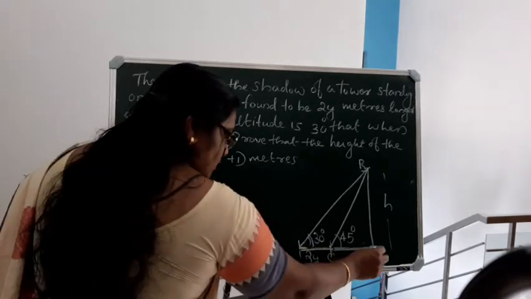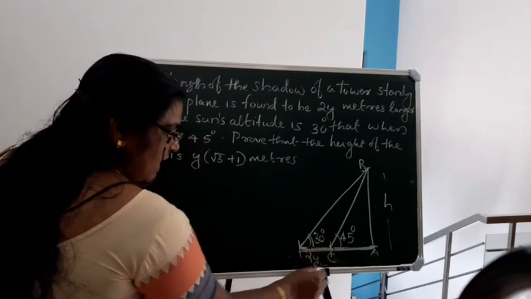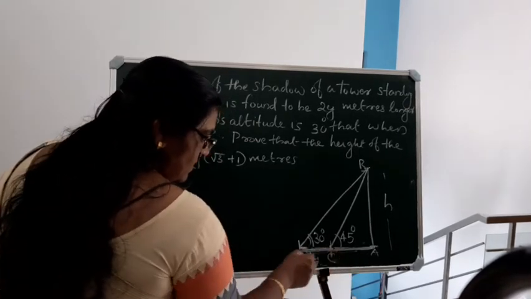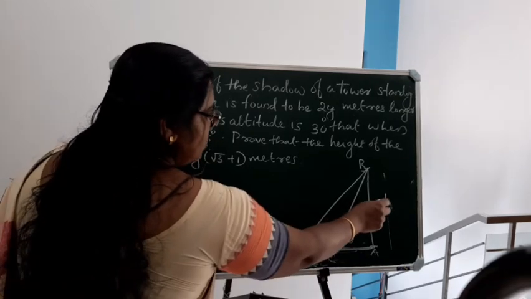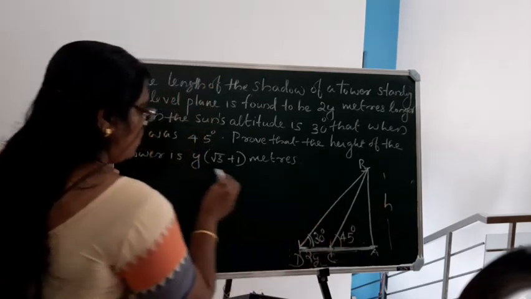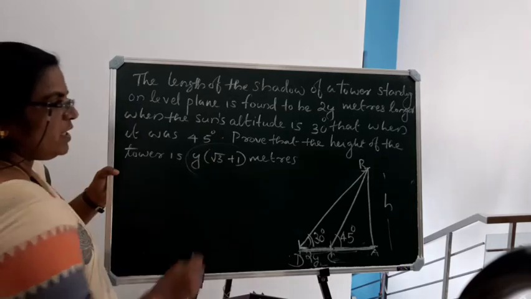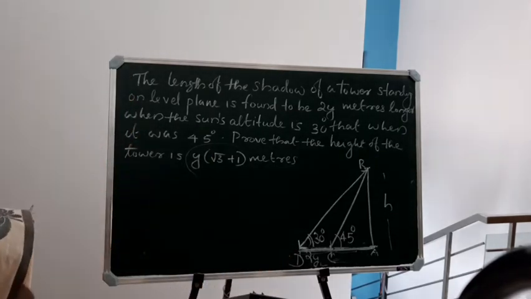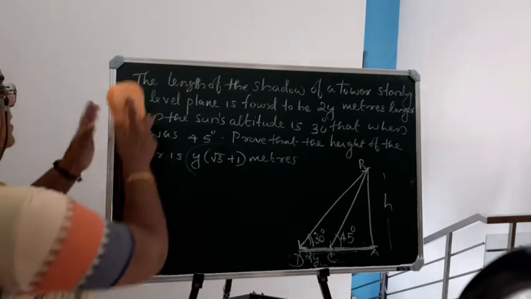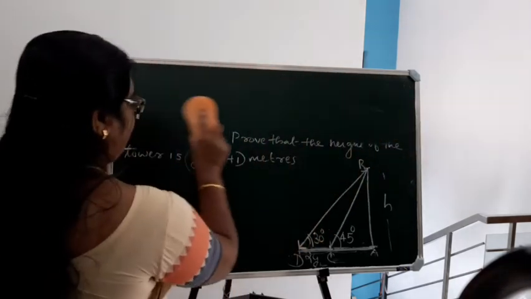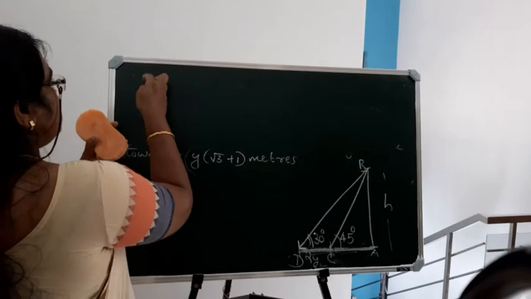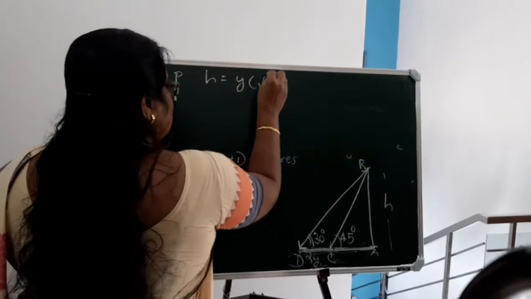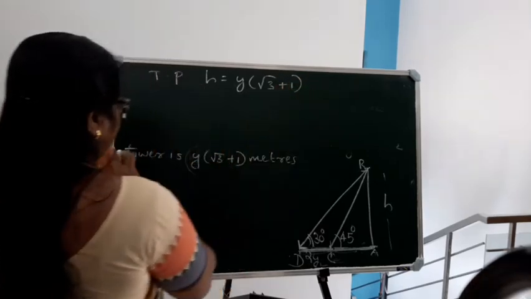So the length of shadow at that time is AD, that is AC plus CD. And we want to prove that the height of this tower, h, is equal to y into root 3 plus 1.